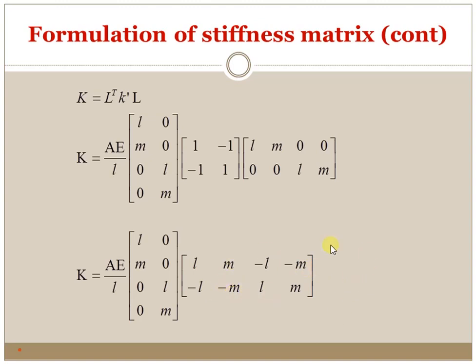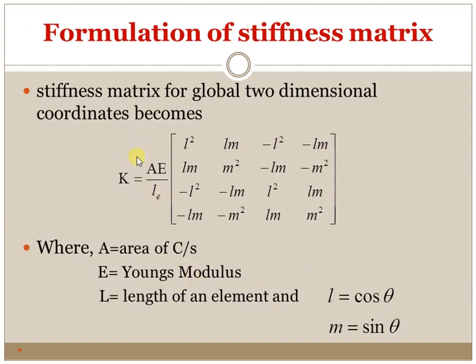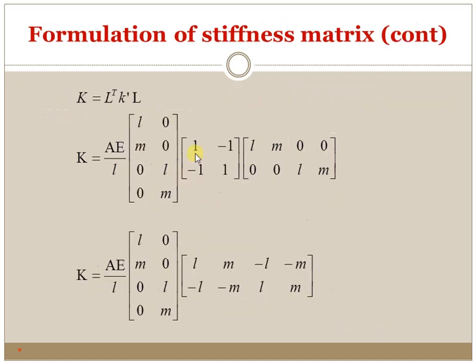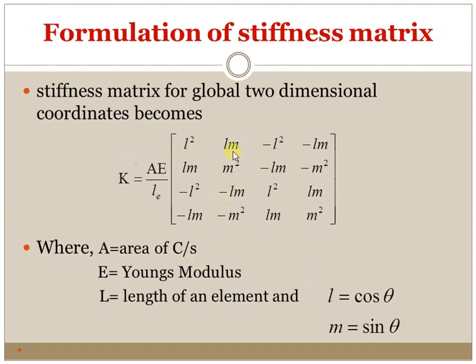These are very simple matrix calculations. After that, again you are going to calculate A matrix into G matrix. So you will get finally the stiffness matrix for global two-dimensional coordinates, which becomes A E by L. After multiplying this L into L, you will get L square, then LM, minus L square, minus LM, LM and so on.